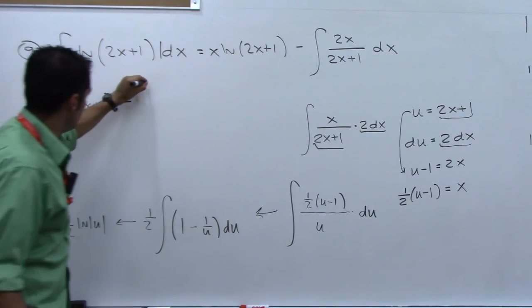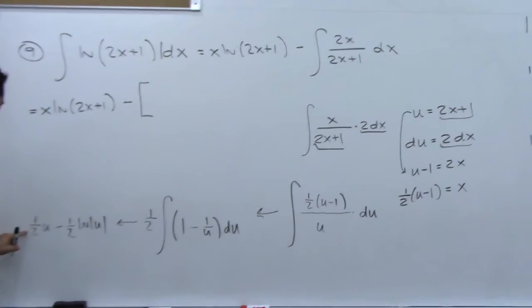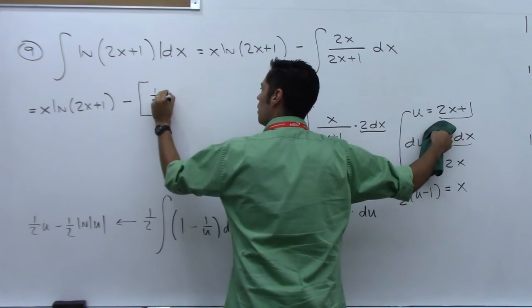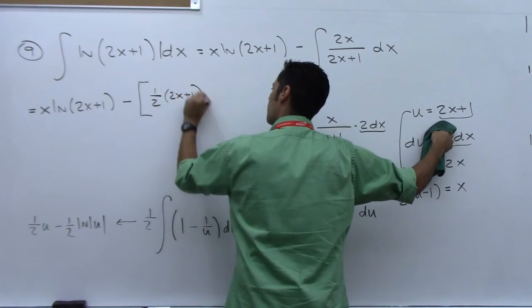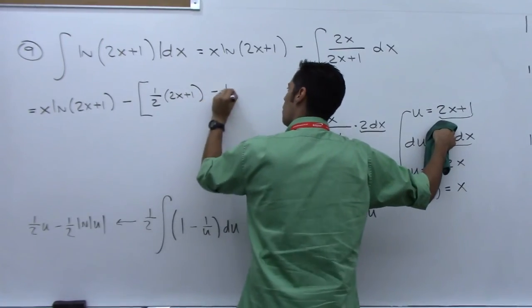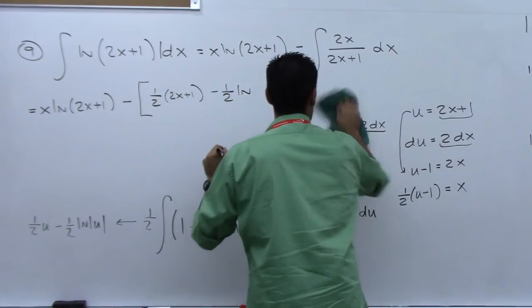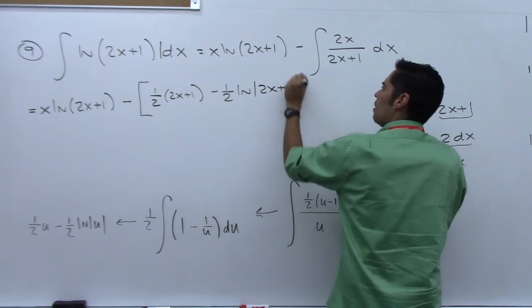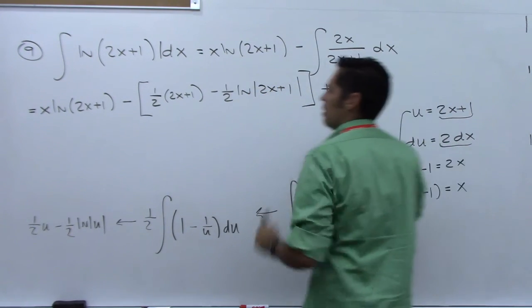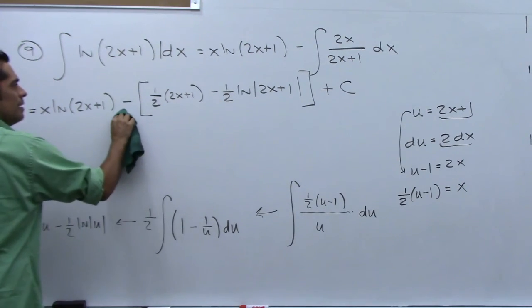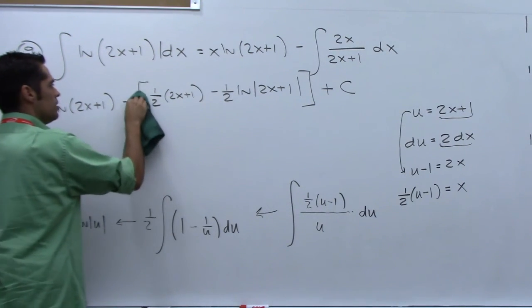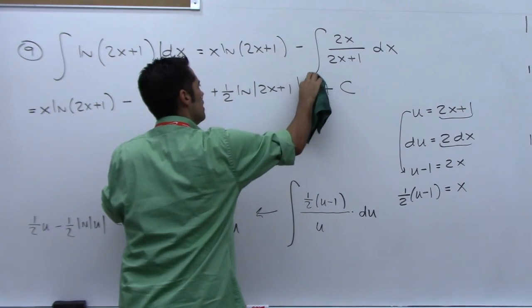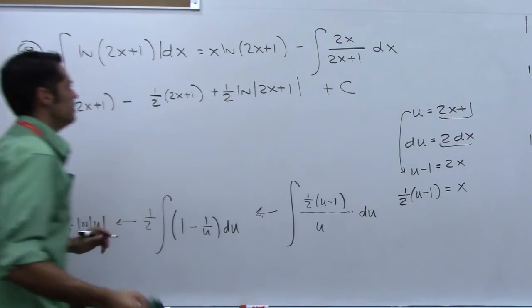So I'll put them in brackets: 1/2 u, which is 1/2 of 2x plus 1, minus 1/2 natural log of u, which is natural log of 2x plus 1. All of that, plus some constant, and then I can distribute the negative through, which will change that to negative, and I'll change this to positive, and no more bracket. So that should be the final result.